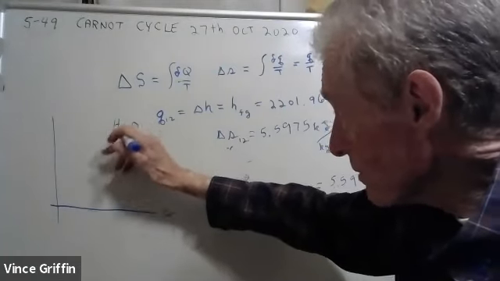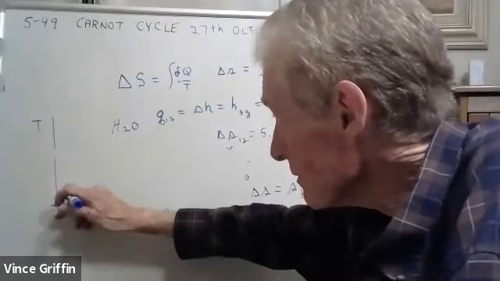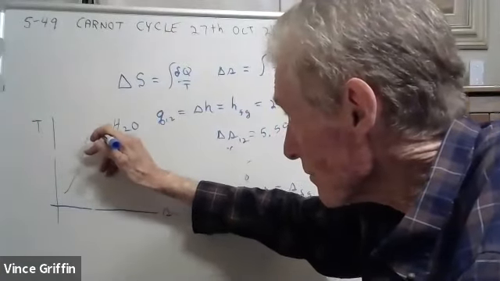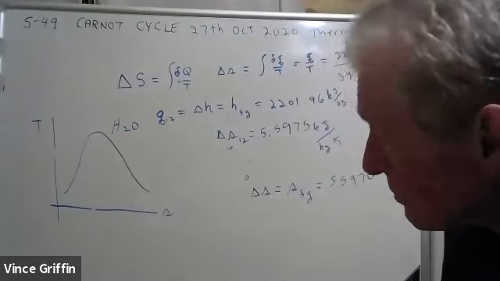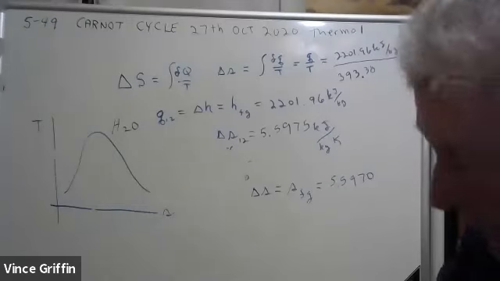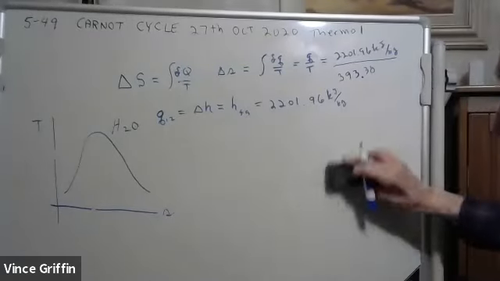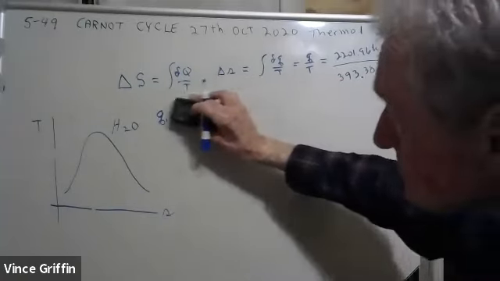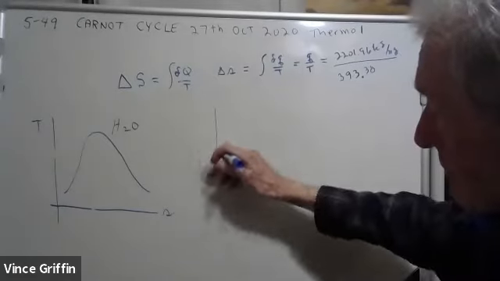If you have water, then you have a vapor dome. It's just that the vapor domes look more symmetrical on a TS diagram. But here, let's do one for an ideal gas too. If you had water, it would look like that.